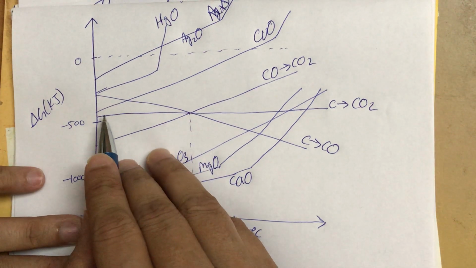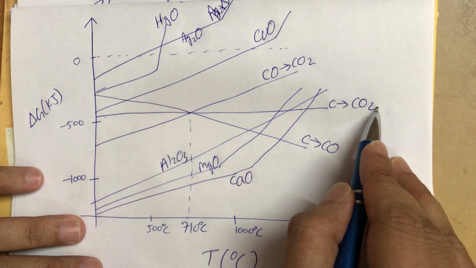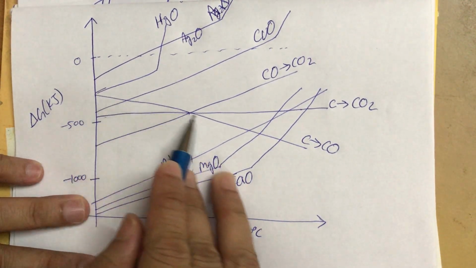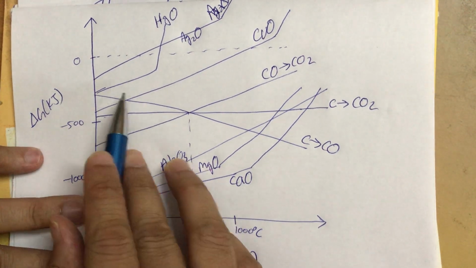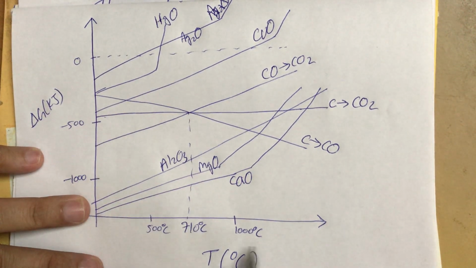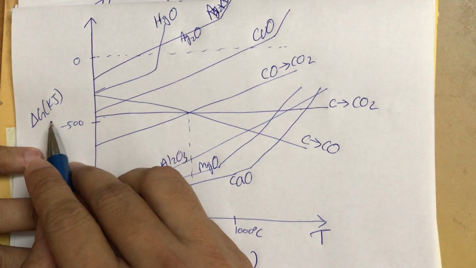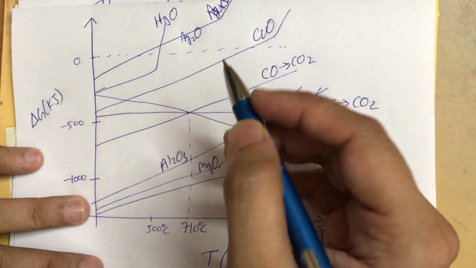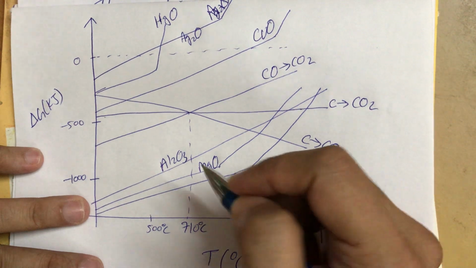For carbon giving carbon dioxide, which has 0 slope, this is the line for C giving CO2. For C giving CO, this is the line which has negative slope. So delta G formation is decreasing if we increase the temperature along the x-axis. So temperature is along the x-axis, free energy of formation is along the y-axis, and for all other metal oxide formation you will get the positive slope.